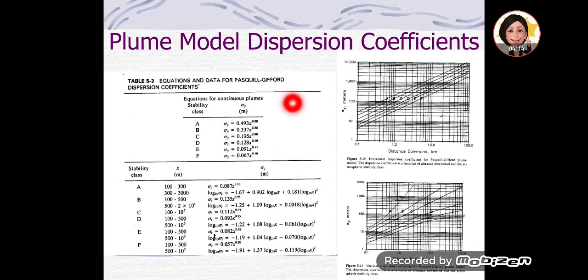Okay, so this is the table. For different stability classes, we have different equations. This is the y direction, this is for x, and this is for z, and these figures are representative of the y and the z axis.